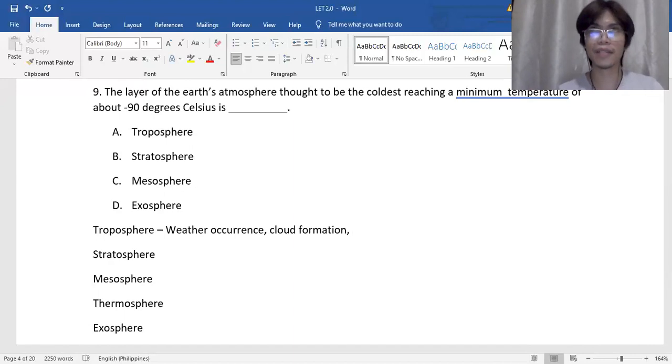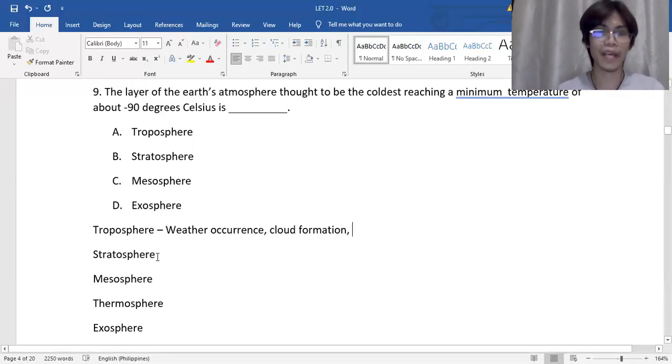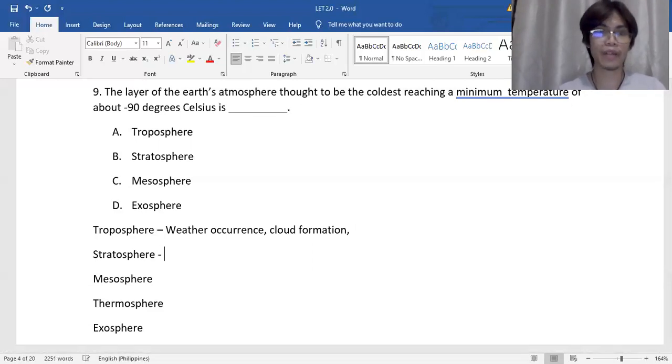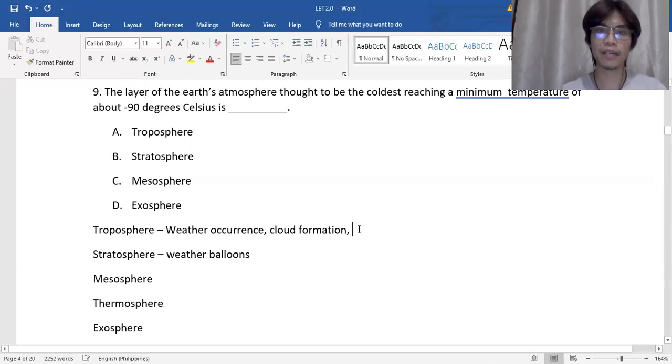And the next one, we also have stratosphere. The stratosphere, of course, that's the second layer. Second layer, you consider the weather balloons. Maybe we can include here planes.